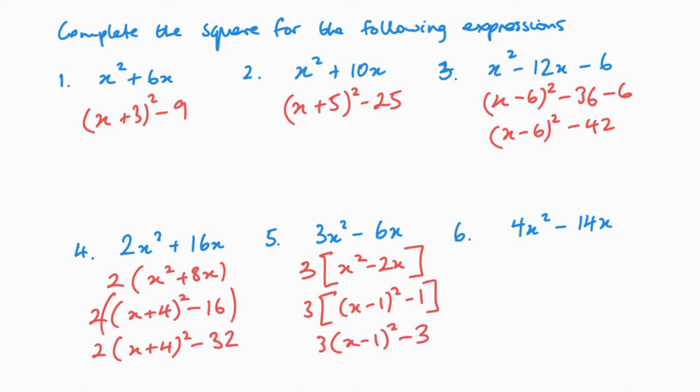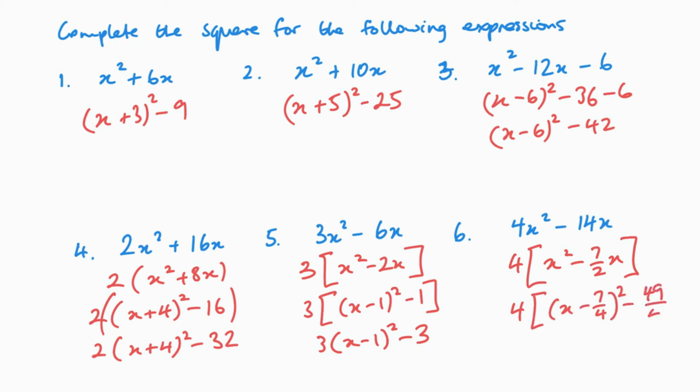And then the final one on this page, we've got 4x squared minus 7 over 2 x. And then that gives me 4 times x minus 7 over 4 when you divide it by 2, x minus, and square, and this is 49 over 4.